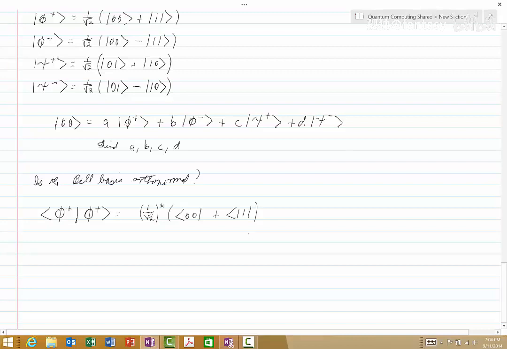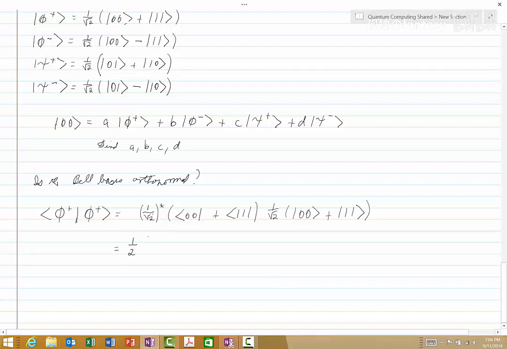And then for phi plus itself, we have 1 over square root of 2 times |0,0⟩ plus |1,1⟩. Now, the complex conjugate of 1 over square root of 2, since it is real, is just 1 over square root of 2. So we have 1 over square root of 2 times another 1 over square root of 2, which gives us simply 1/2.